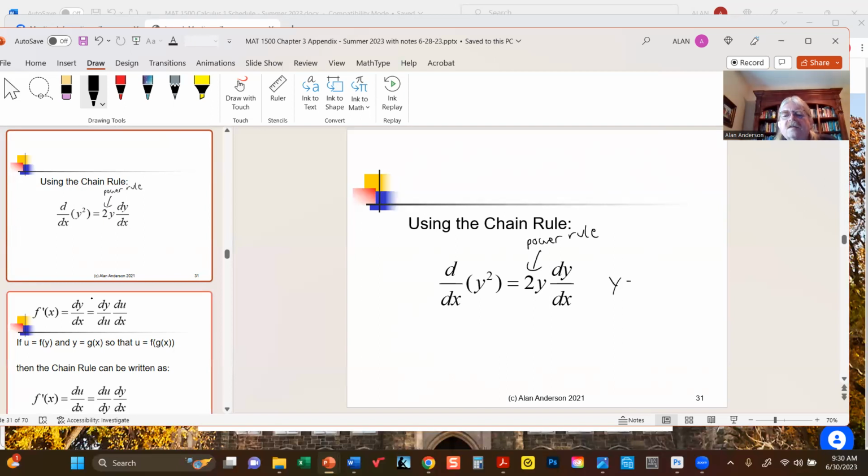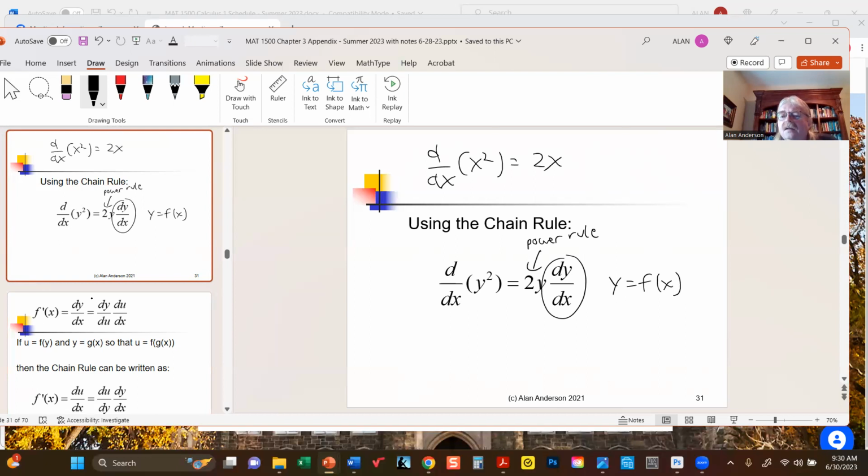But since y is a function of x, we also need this derivative, which could be interpreted as f prime of x. So in other words, if this had been x squared, we would have been done: 2x, you're done. But because it's y, we need this derivative due to the chain rule. I'm going to show you why in a second. So this is what makes this unique.